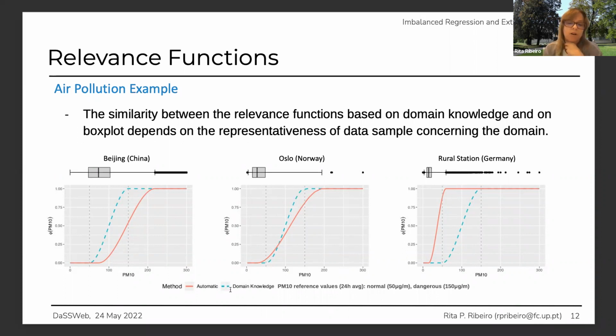Here I have the domain knowledge relevance function. It obeys those strict World Health Organization guidelines, so basically it's always the same shape. And in red are the relevance functions inferred from this automatic method. They are clearly different, but maybe what is a concern in one data set should not be a concern in another. Well, that might be arguable. But what I want to say is that it depends a lot on how representative our data sample is regarding the domain.